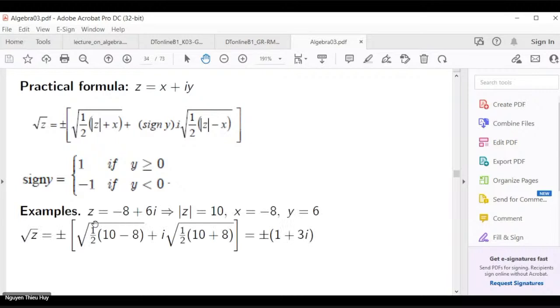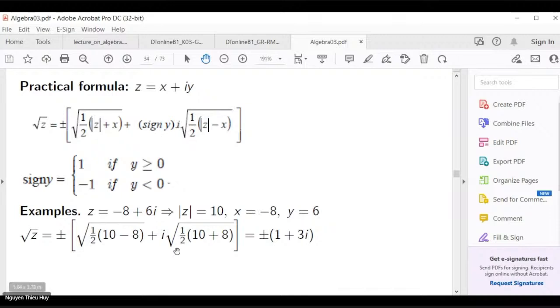Okay, let me take an example. So z equals minus 8 plus 6i, and here immediately you obtain the modulus is the square root of 100, so 10, and x equals minus 8, y equals 6, and immediately from this the psi of y is 1 because y is greater than 0.